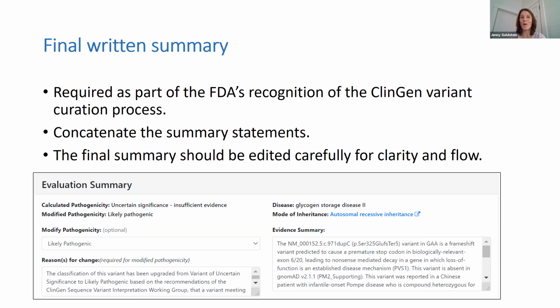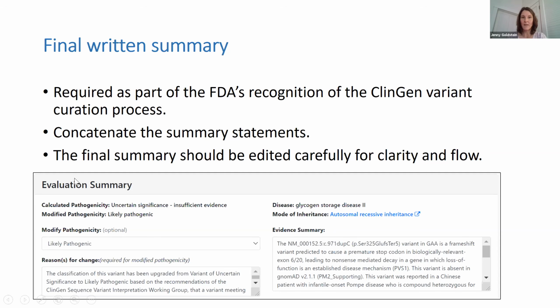If it meets BA1, you may just be able to copy and paste and you're pretty much done. Others obviously are more complicated, especially if there is conflicting evidence. Typically what I do is copy and paste all the statements and then read through it for flow, make sure everything sounds okay, and edit as needed. But I realize that different expert panels have different processes for that before the review.